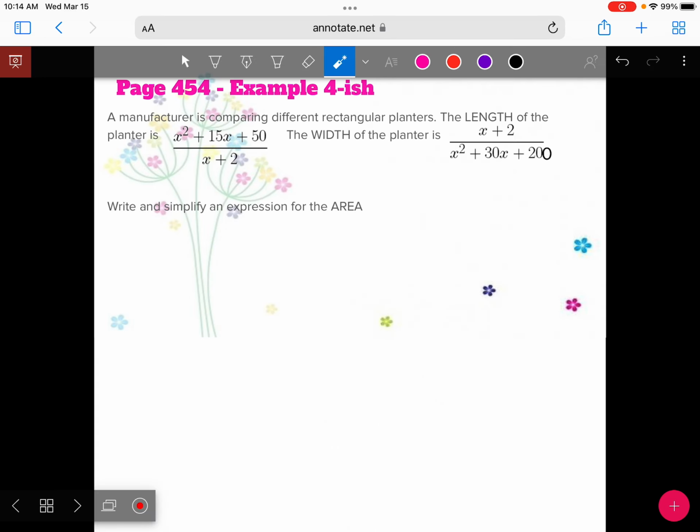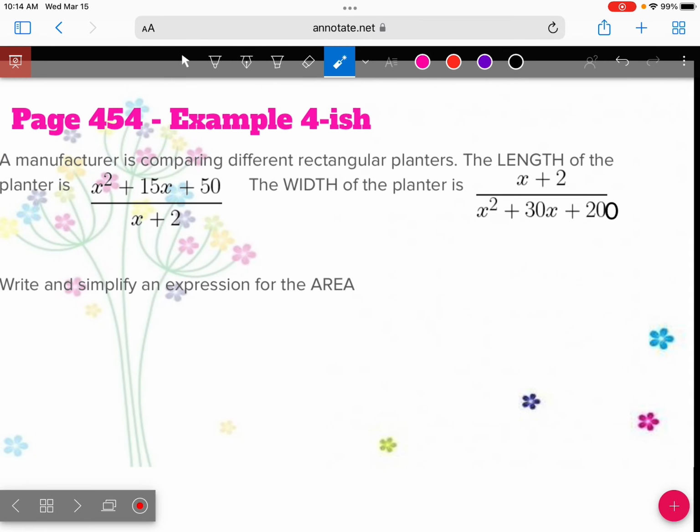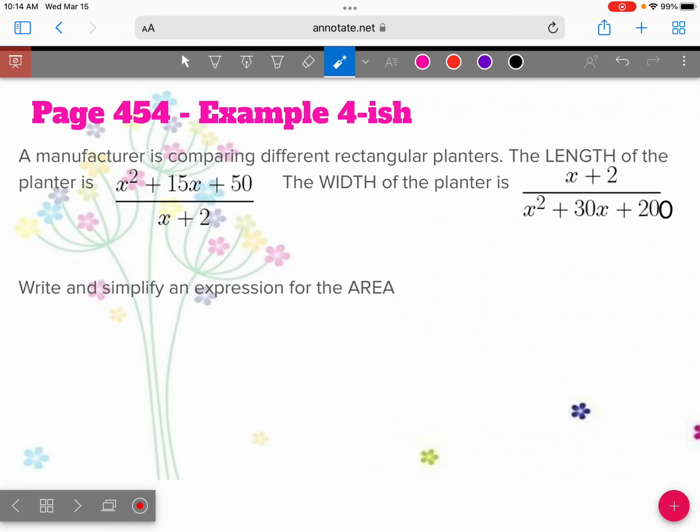I want to talk us through one of these kind of story problems. This is example 4-ish in your book, but it's also an example on your paper. Please note, the second expression in the denominator, make that a 200, not a 20. If we do a 20, it doesn't work. I apparently mistyped a 0 because I'm good at typing.